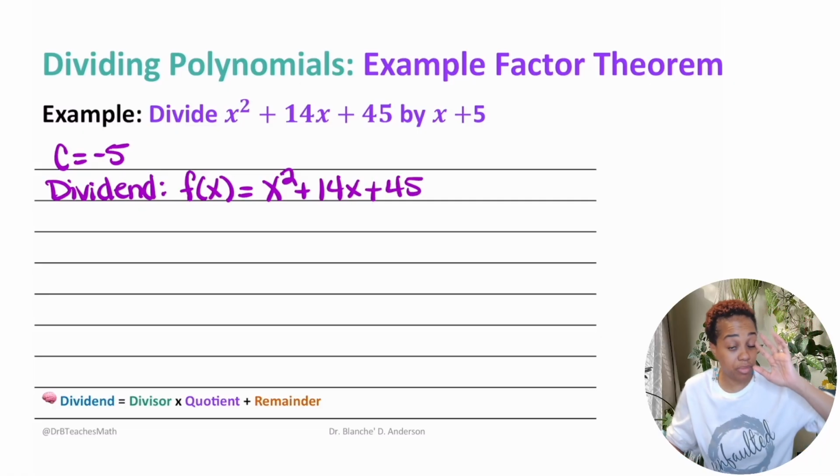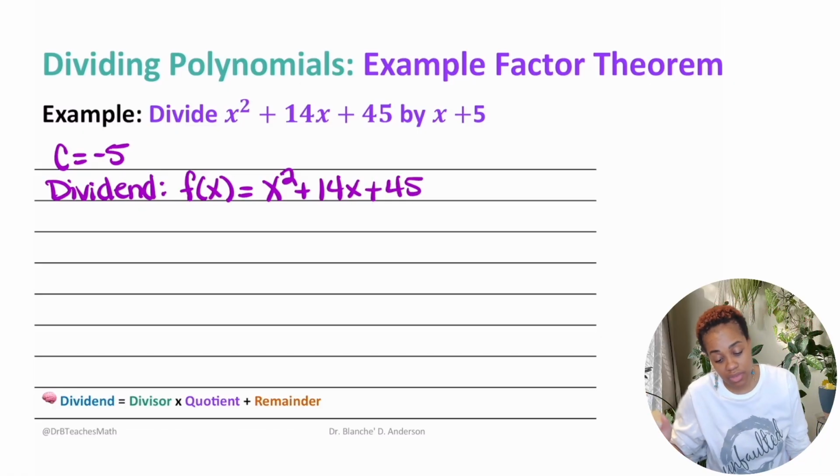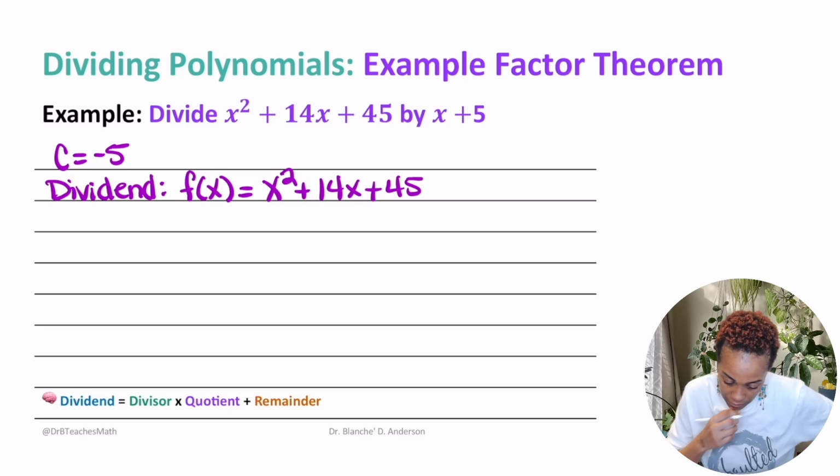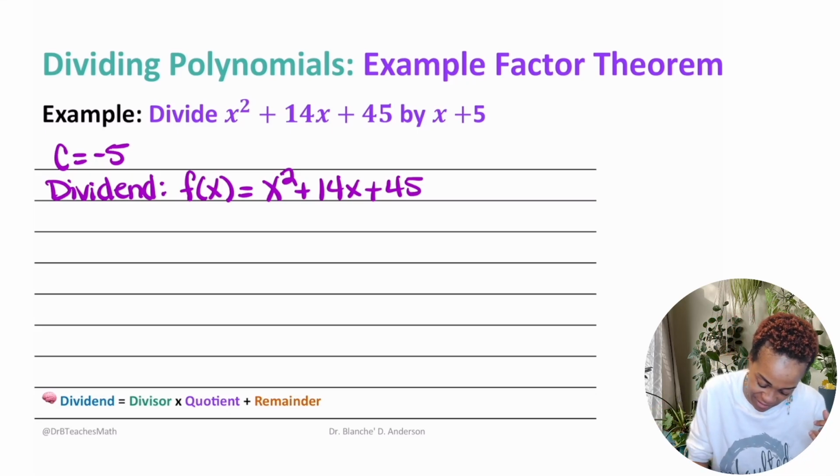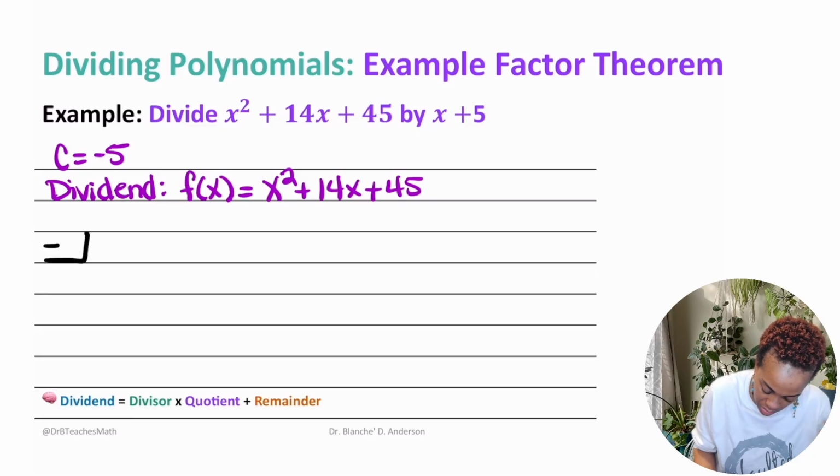Now you're like, Dr. B, we already did this one. We did this one 1,000 times when we did synthetic division. I know, but we're going to do it again. It won't take long because we already know what it is. So I'll put the -5 here, and then I have 1, because nothing's missing, right? 1, 14, and 45.